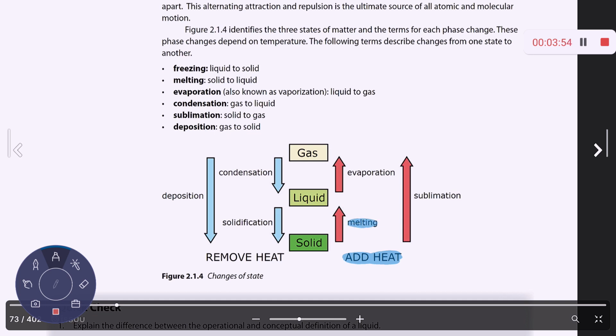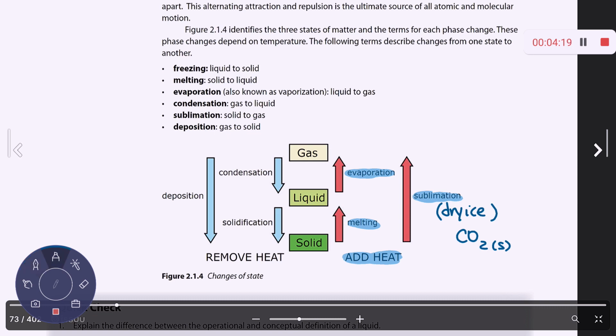So when you're melting something, you have to add heat. So that would be converting a solid to a liquid, evaporating is a liquid to a gas. Sublimation is where you never go through the liquid phase. It goes from a solid to a gas. And this is what dry ice does. Dry ice is solid carbon dioxide.